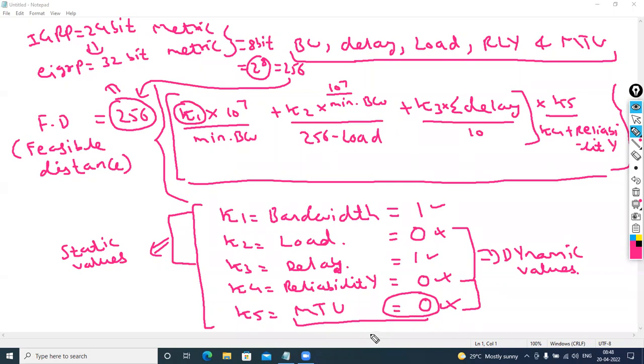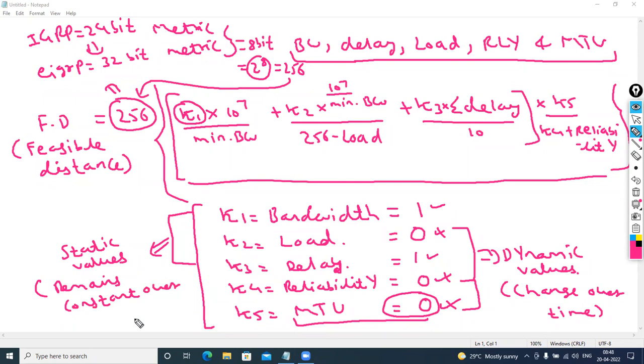Yes. So these values change over time, and static values remain constant over time.